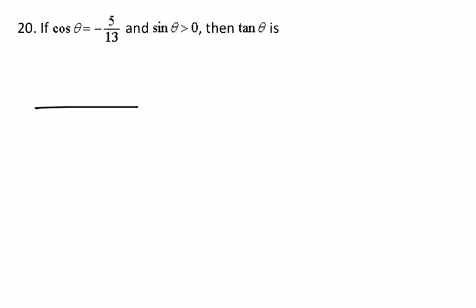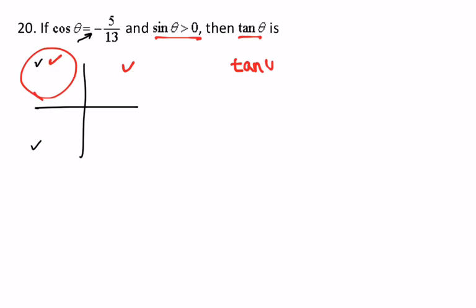Number 20. A similar deal. Cosine is negative, which means second and third. Sine is positive, which means first and second. So we're looking at the second quadrant, and in the second quadrant, tangent is negative.